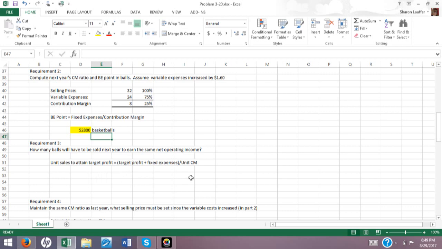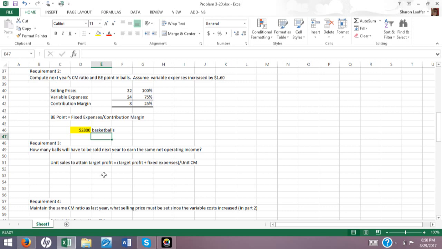Our break-even point is fixed expenses divided by contribution margin, and a break-even point just means that we have $0 in target profit. So if we want more than $0 in target profit, we take that target profit and add it to what it takes to get to the zero point, which is fixed expenses divided by contribution margin. So this is our formula.